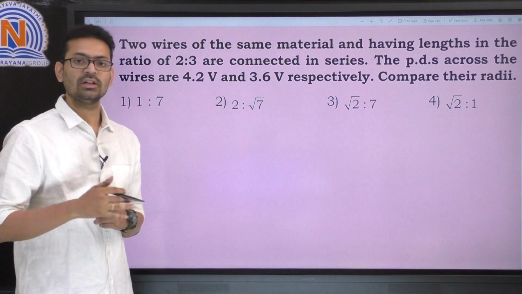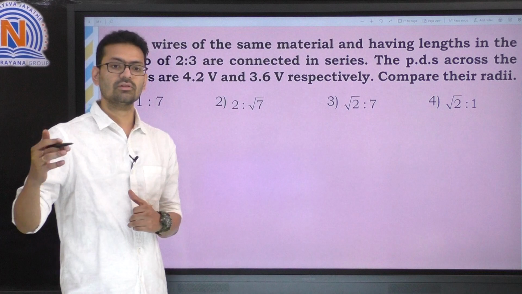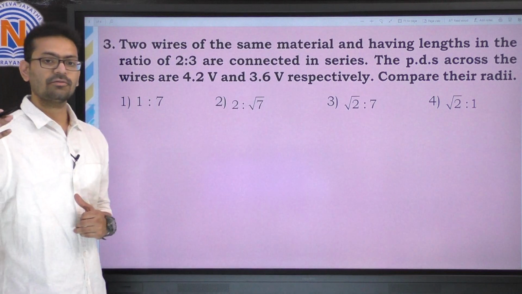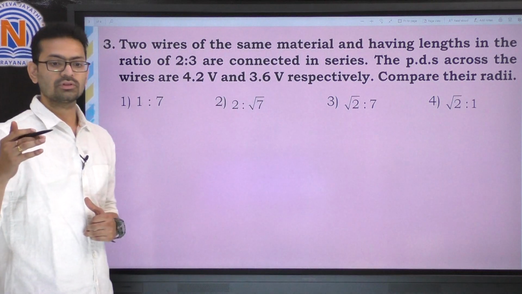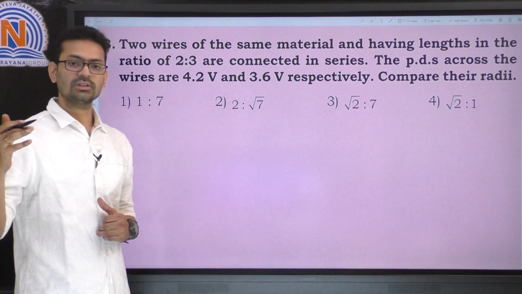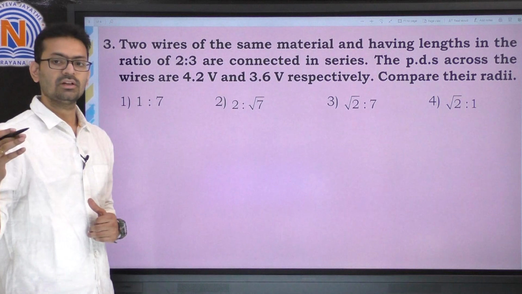They are connected in series. The potential differences across the wires are 4.2 volts and 3.6 volts respectively. Compare their radius.